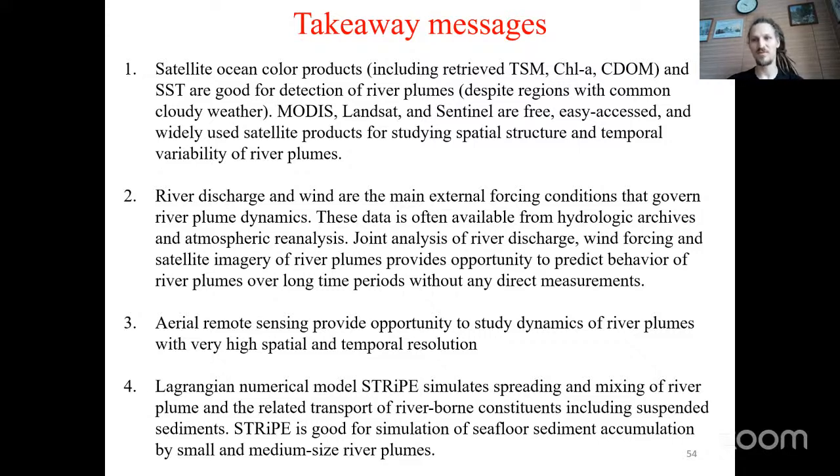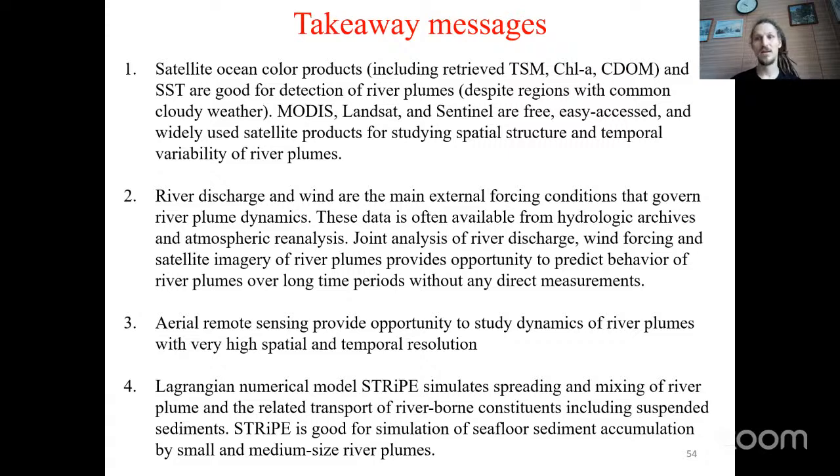You see some feature, like a cold area adjacent to a river estuary, and you think maybe it is a river plume. But then you have to look at, for example, sea surface sediment concentration to check if it is really a river plume or if it is some other feature which provided cold temperature, for example, coastal upwelling.